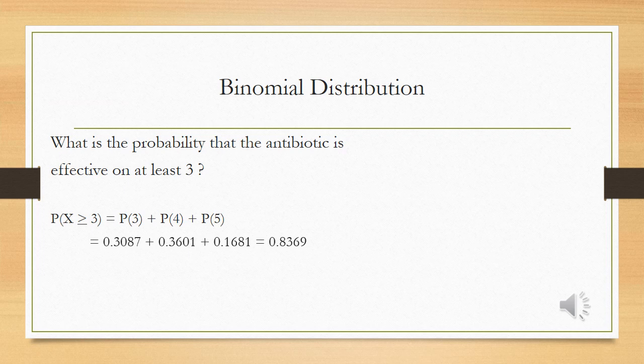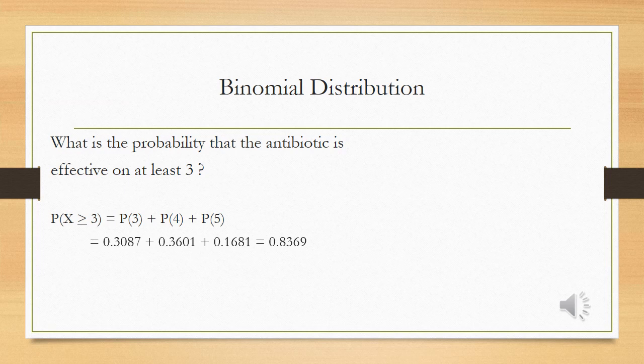In this case, following the same problem, what is the probability that the antibiotic is effective on at least 3? Every time you hear "at least" in biostat, it means 3 or more. If we look back at the other slide, we see that the total number of patients equals 5.